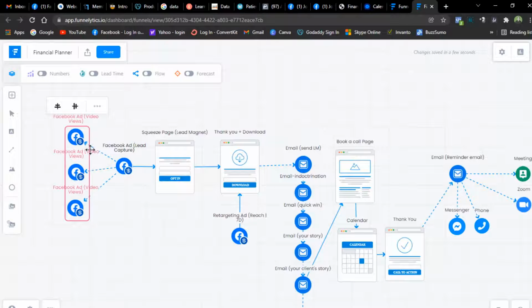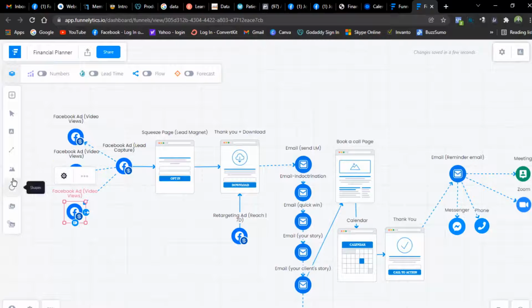Basically, these are just video ads, different video ads, 1 minute each, with different content that speaks to your target market, and we'll test these ads out and see which ad people resonate with most.